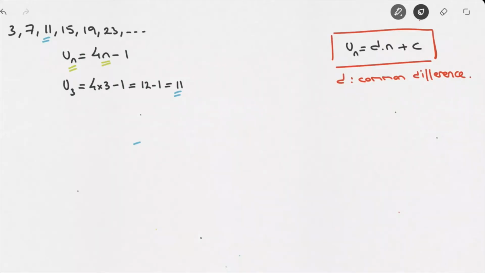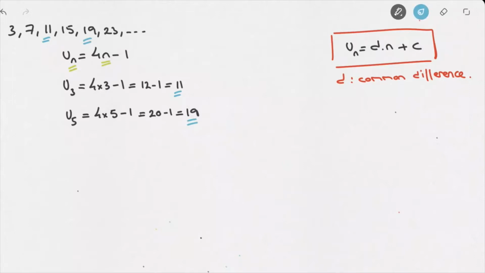Or let's say we calculate the fifth term, in which case we would replace n by 5, leading us to u5 equals 4 times 5 minus 1, which is 20 minus 1, which is equal to 19. And indeed, we can see that the fifth term is definitely 19. So this formula is working.